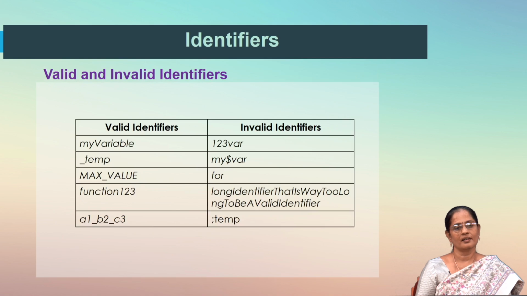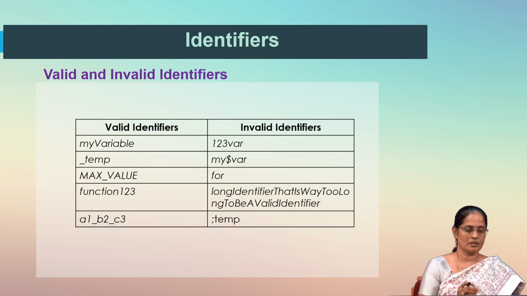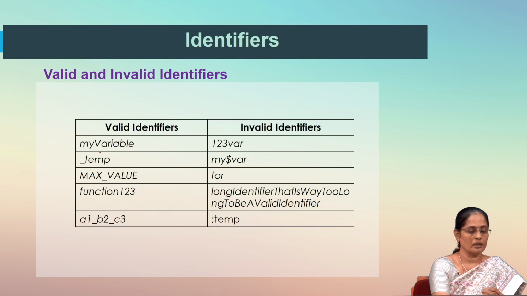So, in this slide you can see a list of valid identifiers and invalid identifiers. Let us take them one by one and do a simple analysis. The first valid identifier is MyVariable, in which the V is the capital or uppercase character.